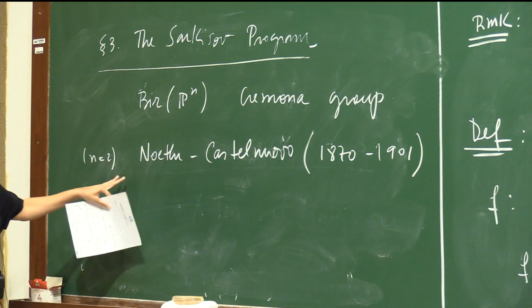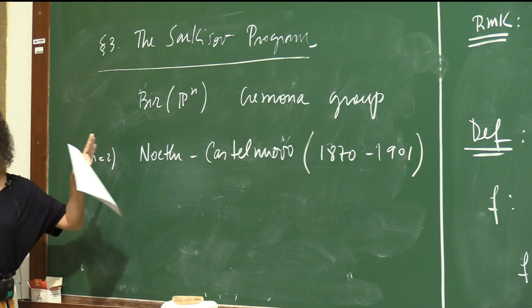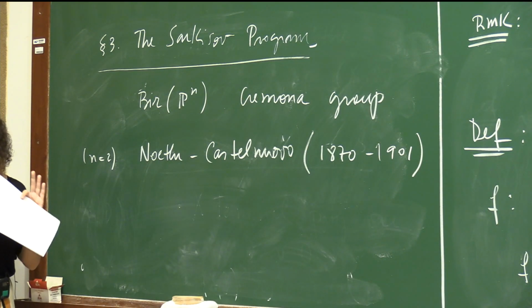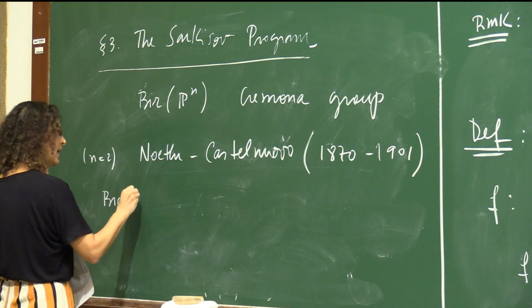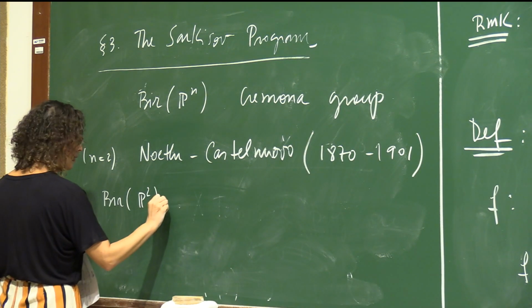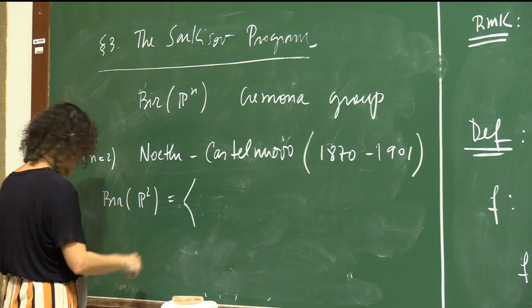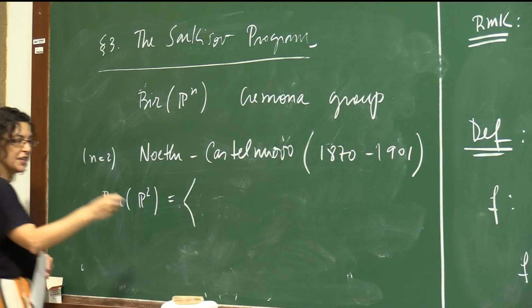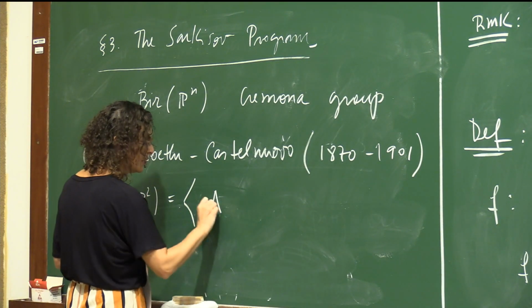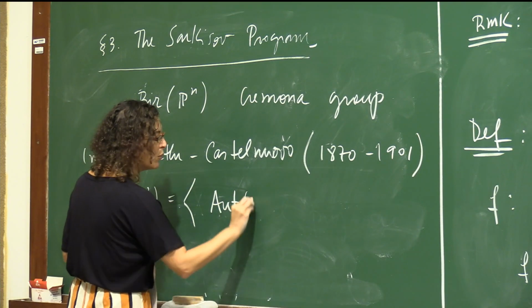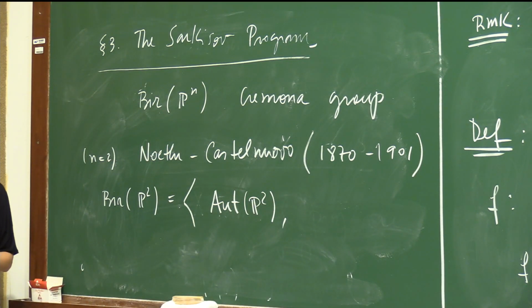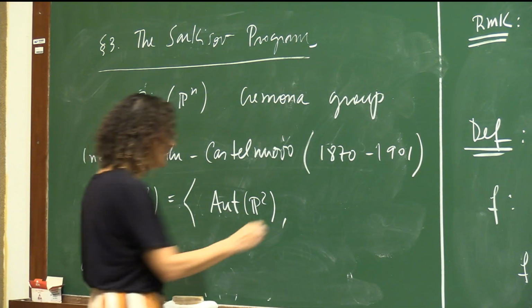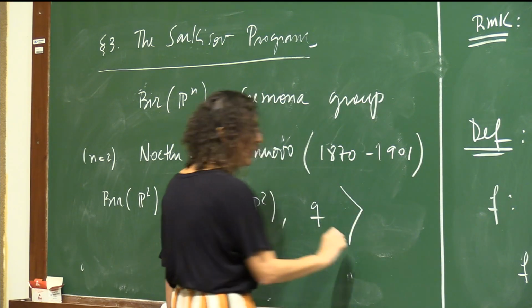It says that in dimension 2, the Cremona group has a very simple description by generators. The Cremona group in dimension 2 is generated by, first, the linear automorphisms of P^2, PGL_3, and then you just add one non-regular birational map to generate the whole group. This is what we call the standard quadratic transformation.